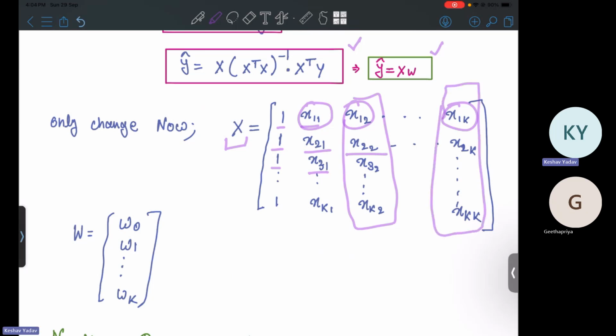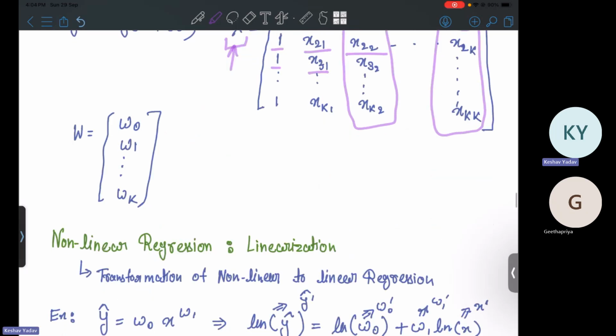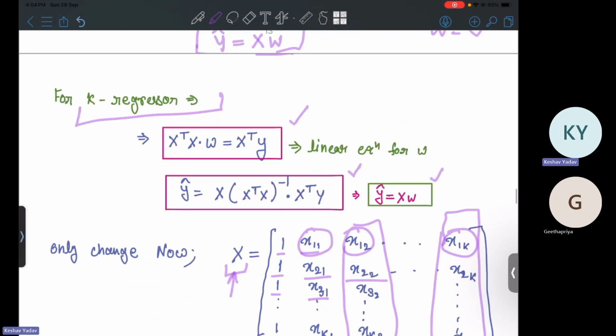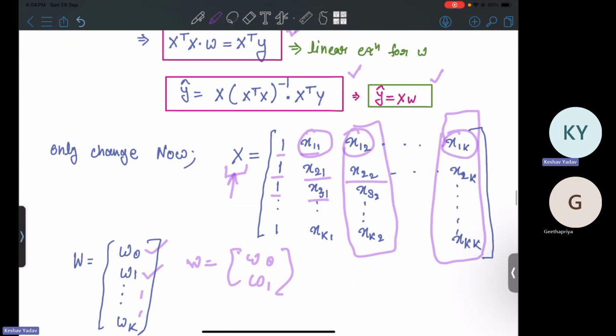So this will be my x value. Earlier my W was W0, W1. Now here we have W0, W1, up to k unknowns. So the same expression that we derived for the simple linear regression case can be used. Only X and W will be different in the case of multiple linear regression.